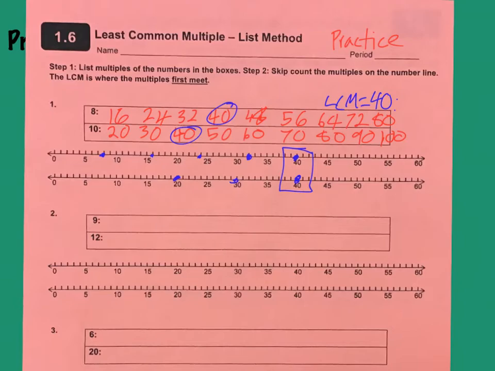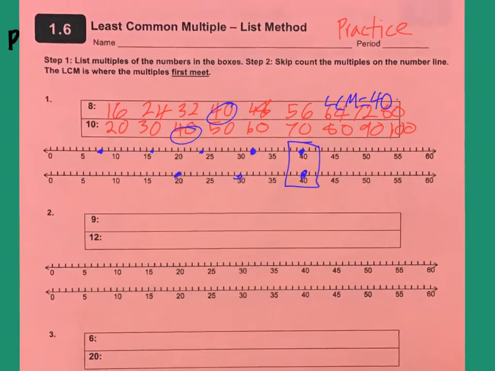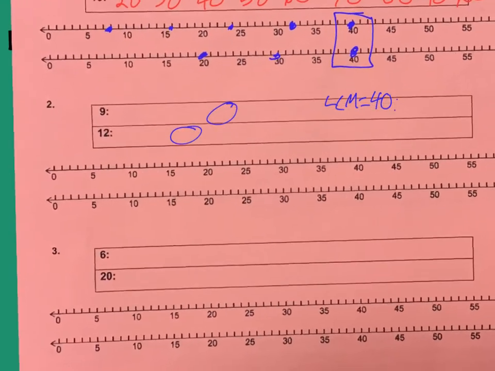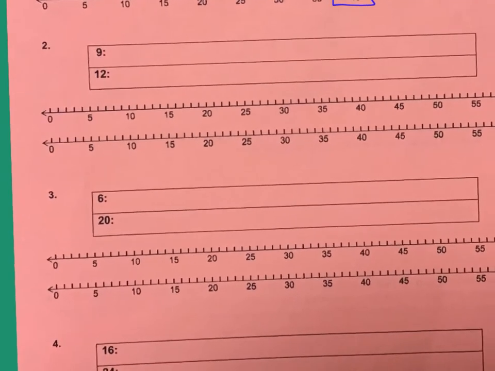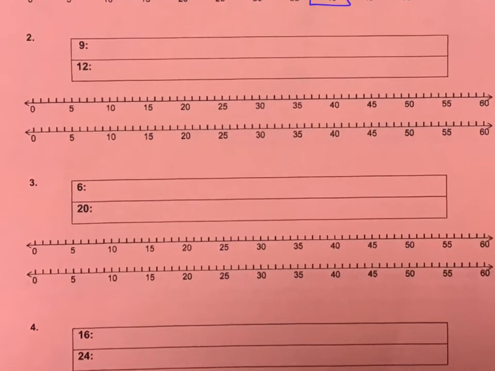So let's do another one of these. Let's look at this 9 and 12. Let me erase that. So let's look at 9 and 12 here. Again, we're going to start with our multiplication tables.